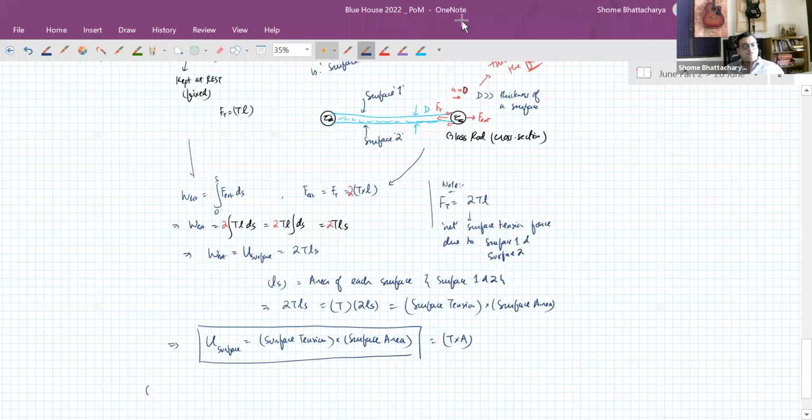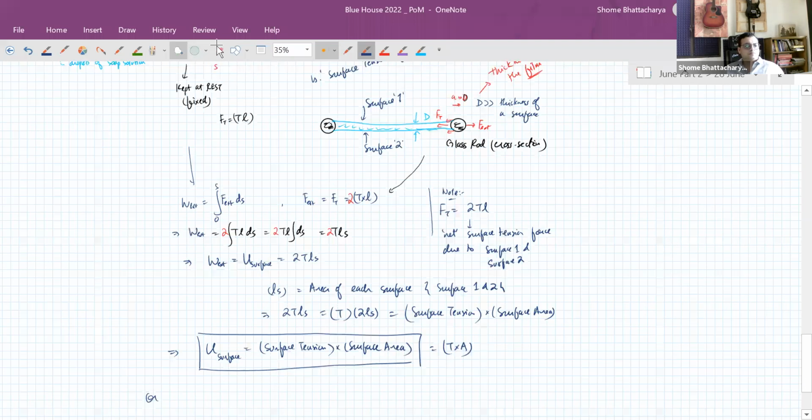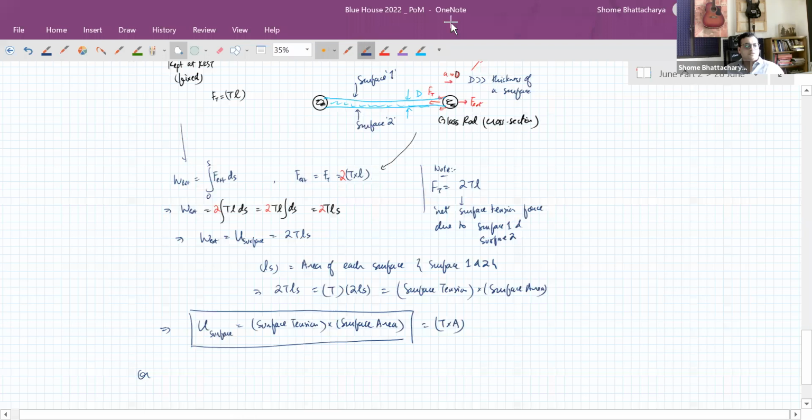So we can also define the surface tension as surface energy per unit surface area.